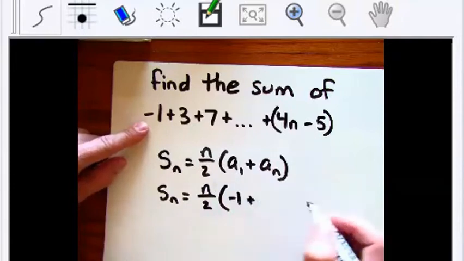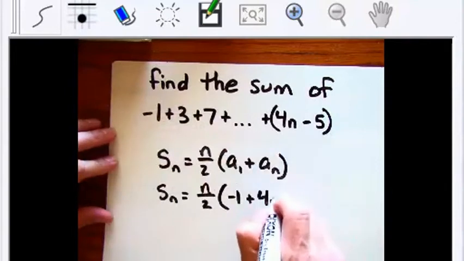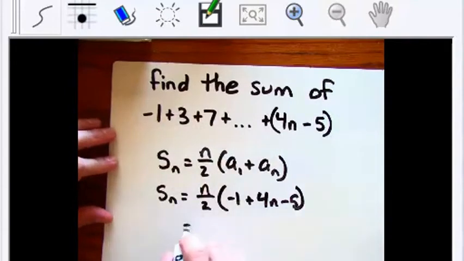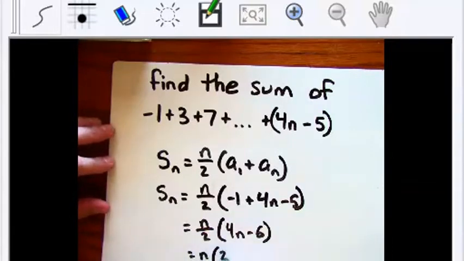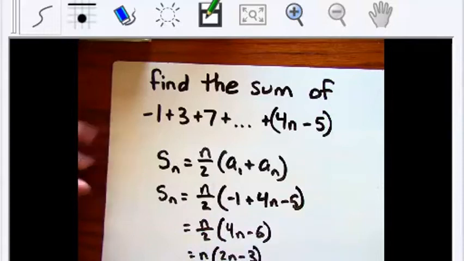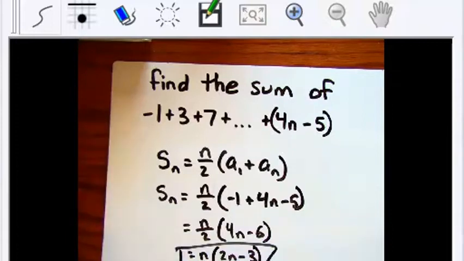And then a sub n is this guy right here, the last term, 4n minus 5. So I'm just going to clean this up a little bit. So we got 4n minus 6. I could distribute the 1/2 through there. And then I could even distribute the n if I wanted to. But either of these two answers I think would be cool.